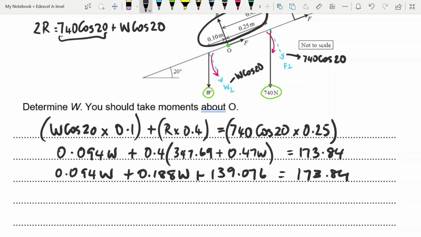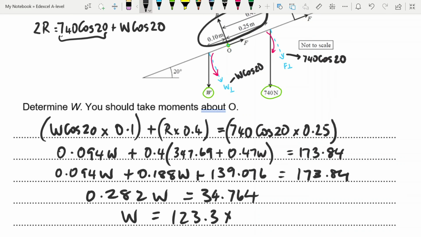Tidy this up again, bring that over and subtract it from the 173.84. 0.282W is equal to 34.764, giving us a W of 123.3 newtons.